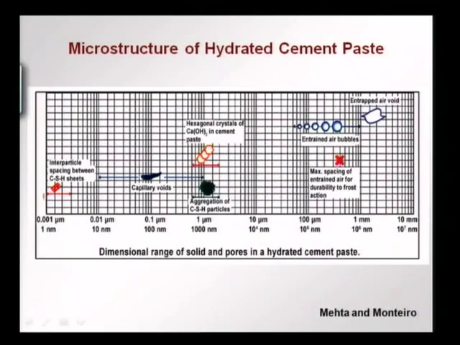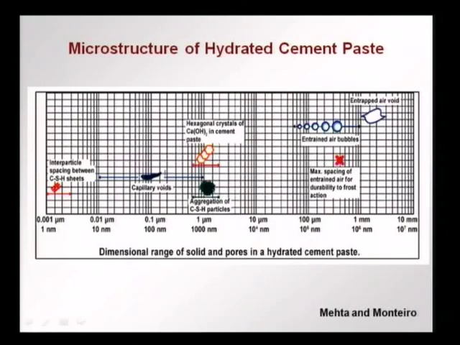In the very low end, in the nanometric scale, we have the sheets or plates of calcium silicate hydrate, and within these sheets there is some amount of gaps, the gel porosity in the nanometric scale. Then in the 10 to 1000 nanometer scale, we have the capillary voids. These are the voids or the spaces between the CSH particles.